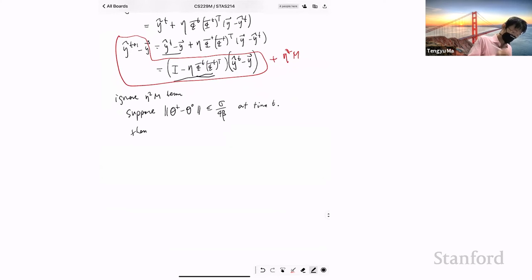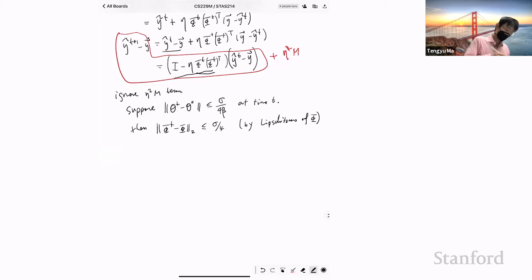Then suppose you are not very far away from theta 0. Then you know that phi t minus phi in 2 norm is less than sigma over 4. This is by Lipschitzness of phi, which is our assumption. And that means that sigma min of phi t is not very different from the sigma min of phi, say minus sigma over 4.